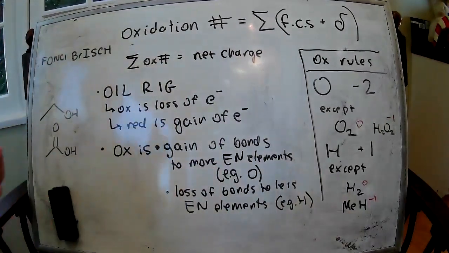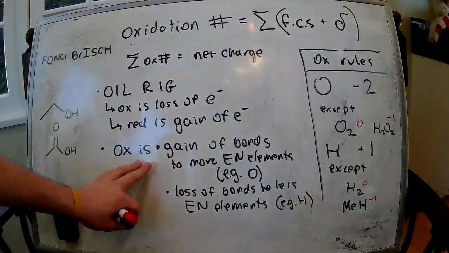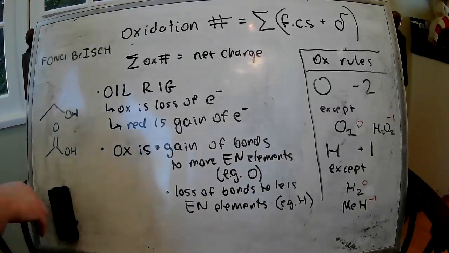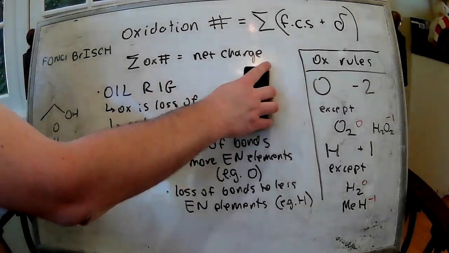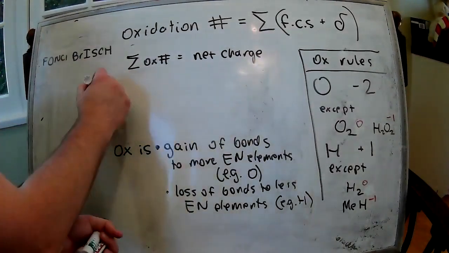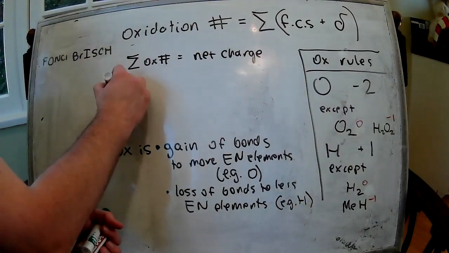Okay. And then reduction is going to be the inverse of these two definitions. Looks like I'm running out of room here, so we're not going to have all of our definitions on the same slide anymore, but you can always rewind the video and see that.